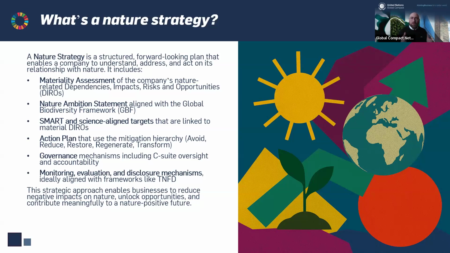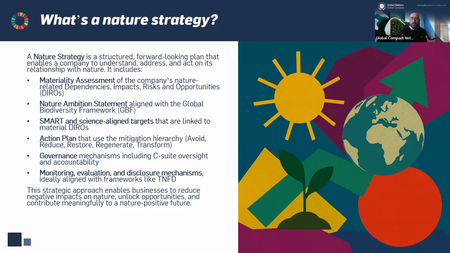This is something you've probably already heard about, but it is also a key component and step of the Nature Action Accelerator. So we will put quite a lot of time into understanding and analyzing your company's dependencies, impacts, risks, and opportunities related to nature.